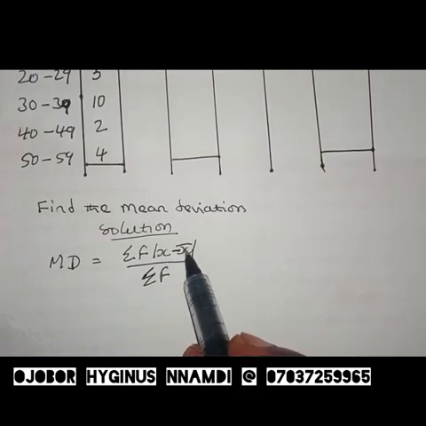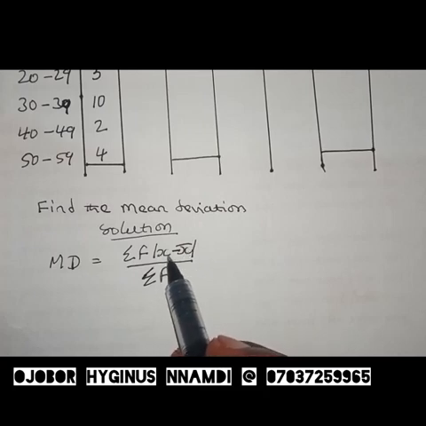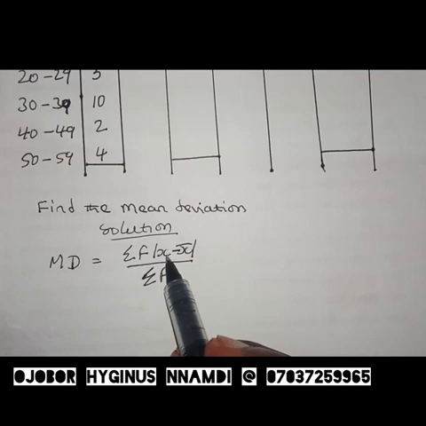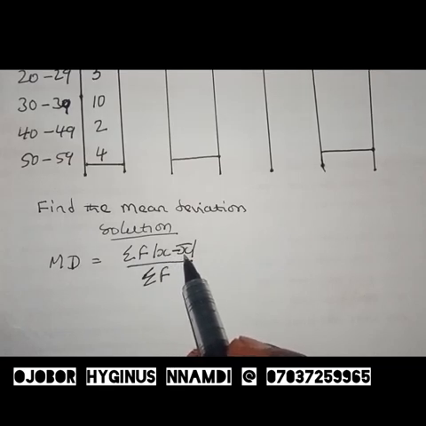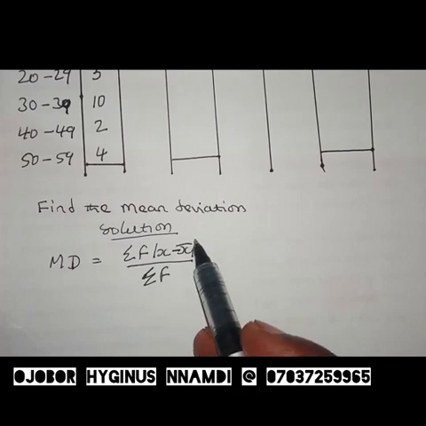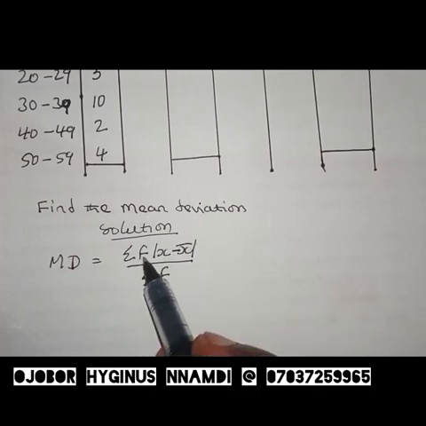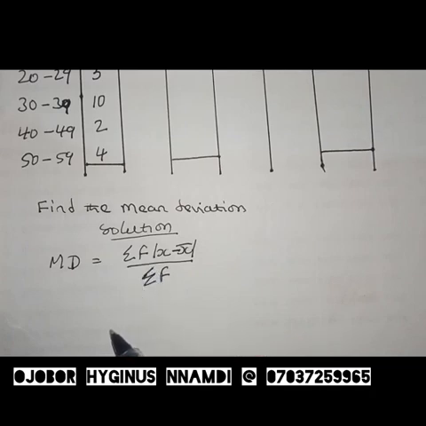This x minus x bar stands for, x stands for the set of numbers, while x bar stands for the mean. So the difference between the set of numbers and the mean individually, and this absolute line standing for absolute value means the positive value of those numbers multiplied with the frequency before we sum.